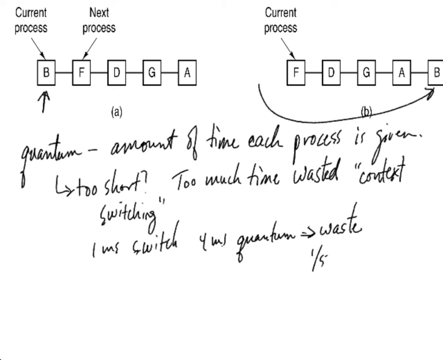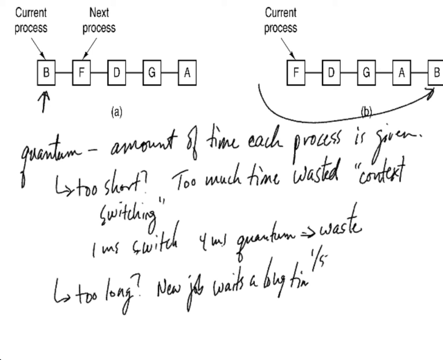What if the quantum is too long? Then it means that the job is going to have to wait a long time. So for example, a new job waits a long time. It has to wait for all the other jobs to finish. Not just new jobs, but any job has to wait a long time once it's at the beginning of the queue. But we do have good efficiency.